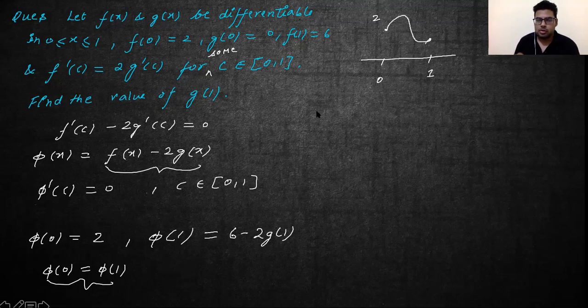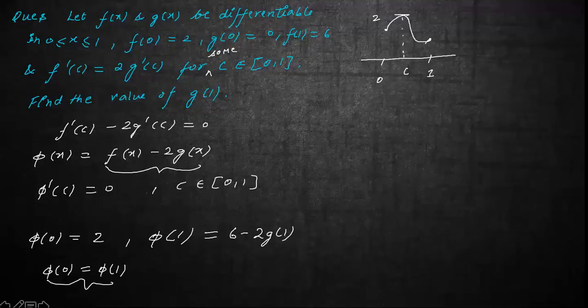In this case, phi of 0 is not equal to phi of 1, but still phi dash c is 0 for some c between 0 to 1. Understand this point. So can we convincingly say that phi of 0 equals phi of 1 is the only possible solution to find out the value of g of 1? Try to understand and then answer this.